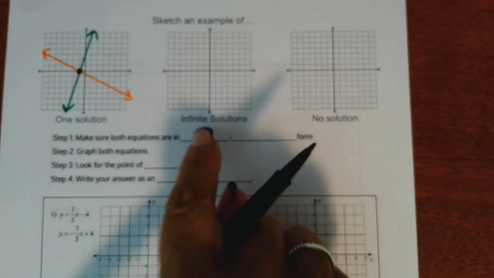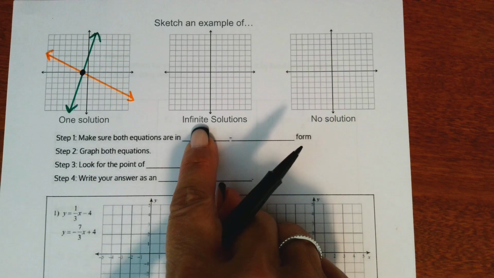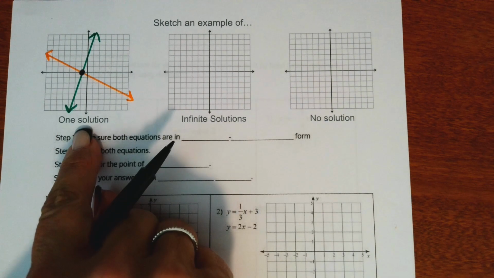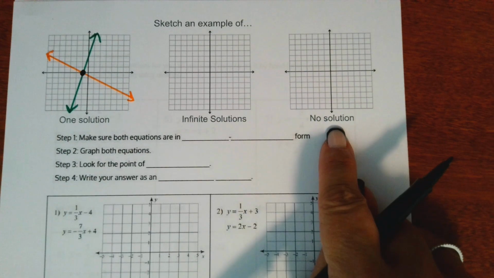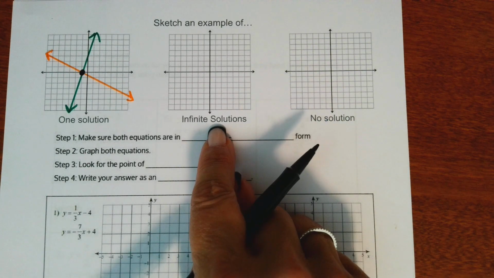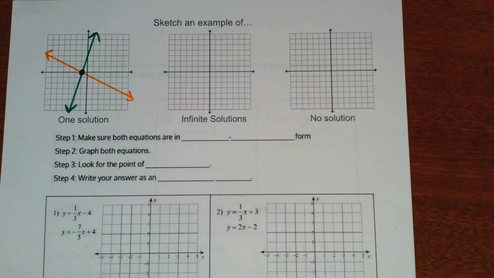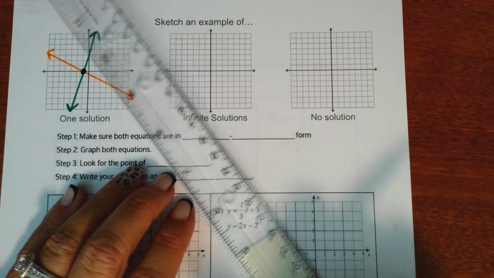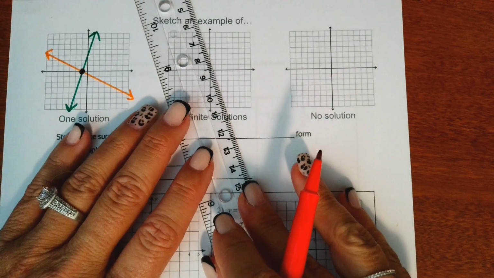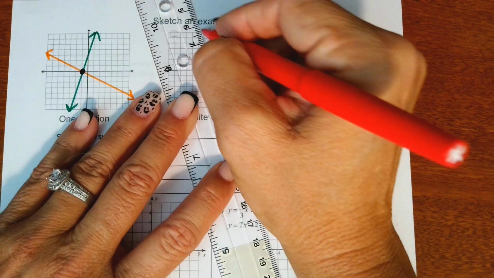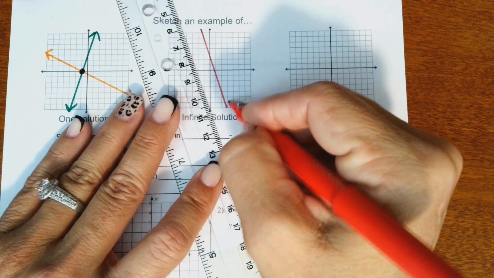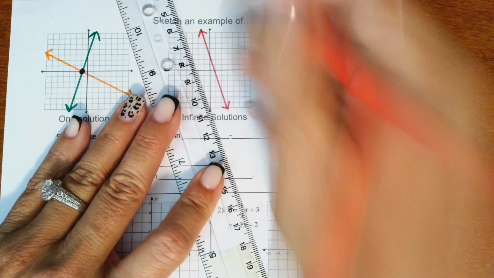Okay, this means that they are the exact same line. They don't touch once. Okay, these will never touch. These touch all the time. So I'm going to go ahead and draw a linear function. Again, it doesn't matter what it looks like right now. I don't have to get a specific slope or y-intercept.